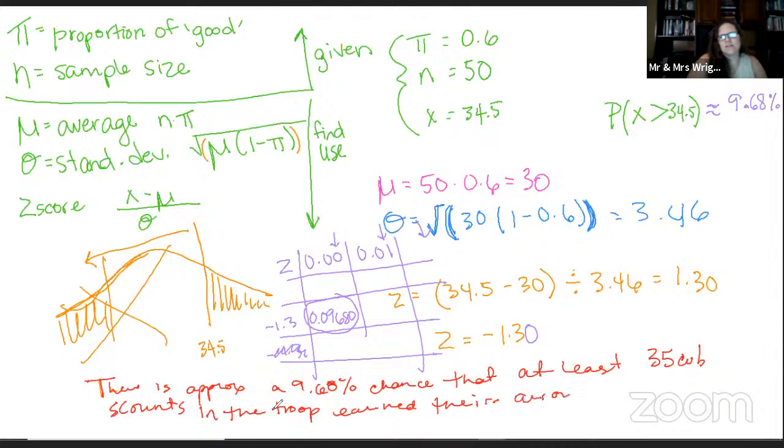I know you can't read my handwriting, so I'm going to read it to you. There's approximately a 9.68% chance that at least 35 Cub Scouts in the troop have earned their arrow of light. To write that sentence mathematically: the probability of X being greater than 34.5 is approximately 9.68%.